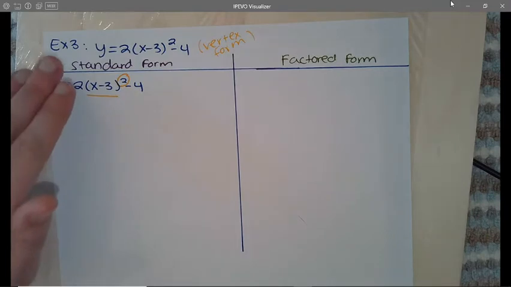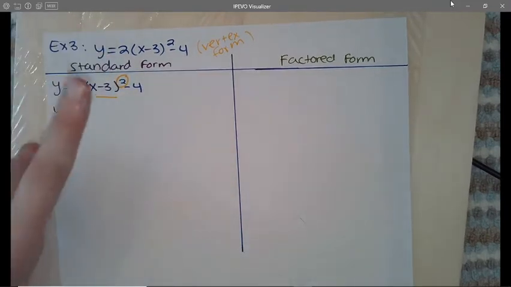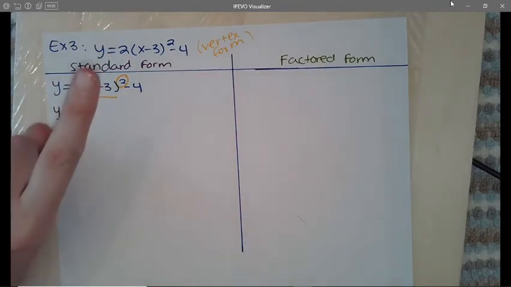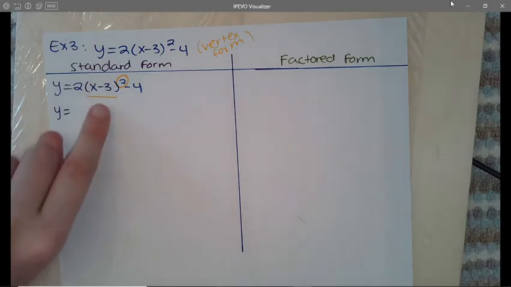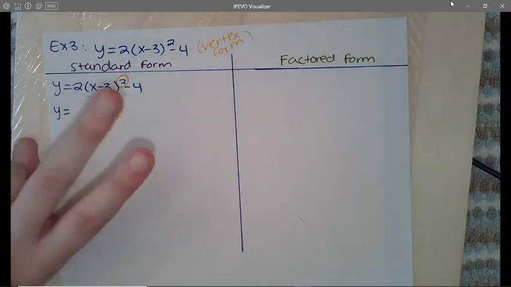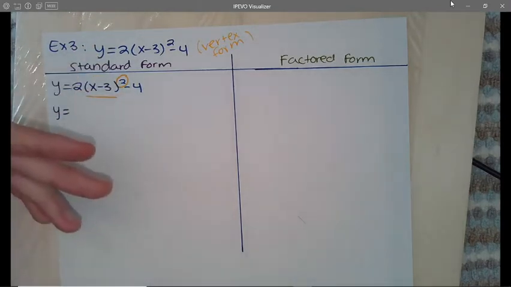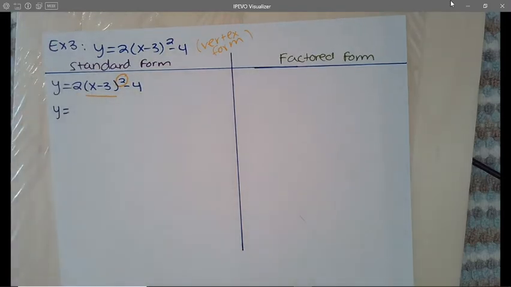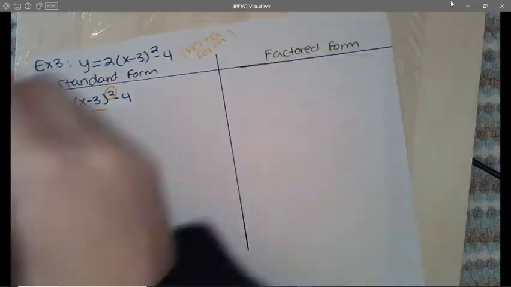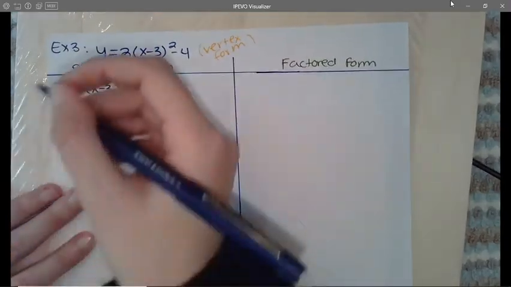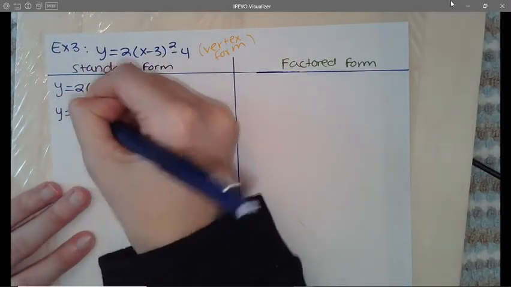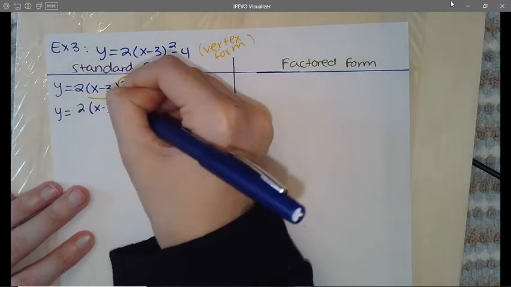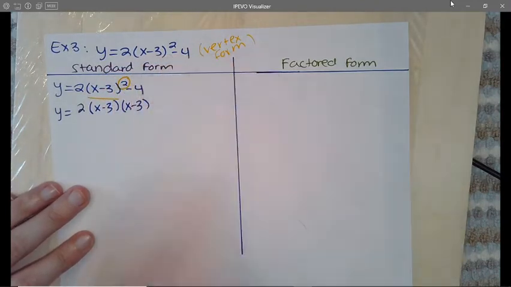No, that's when the demon cats get you. You can't do that. That is illegal. So just watch it. I'm going to rewrite x minus 3 two times because when you square something, it means to multiply something by itself. So just be very, very careful, you guys. The demon cats are always out to get people with this. So I'm literally rewriting x minus 3 two times.